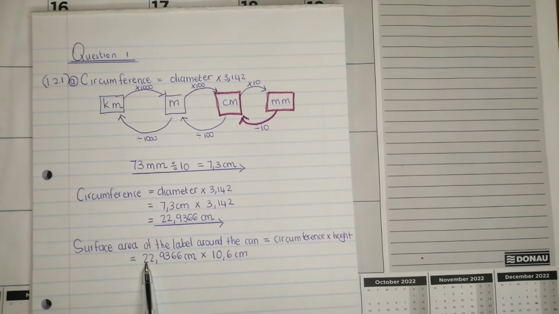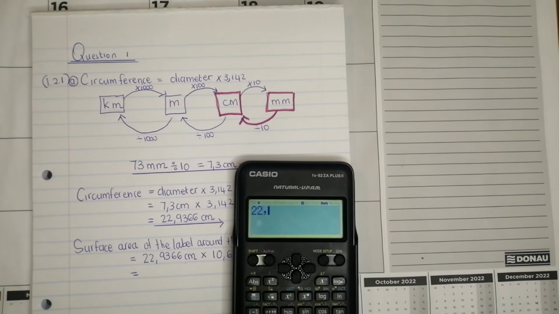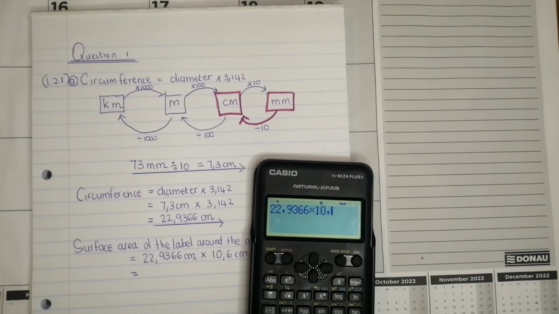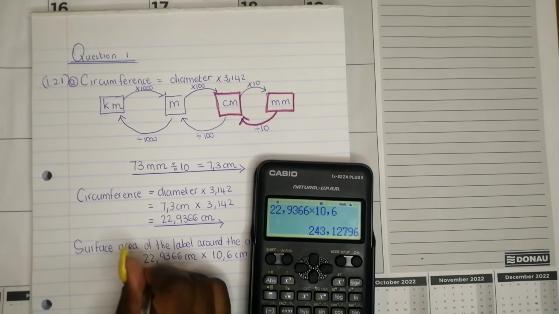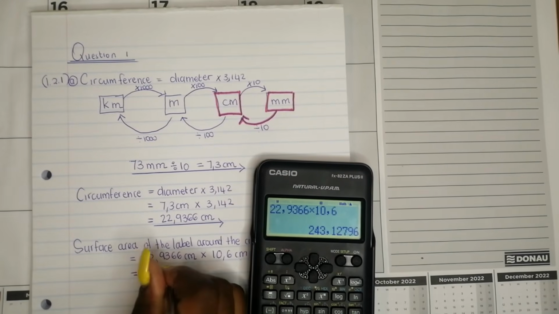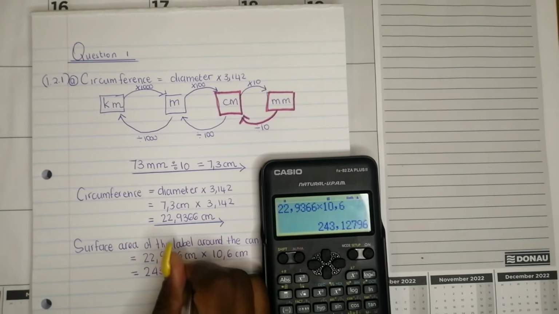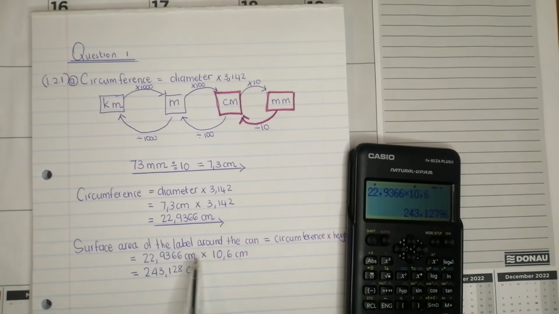And if you multiply the 22.936 by 10.6, right, what do you get, guys? You get 243.128 centimeters.